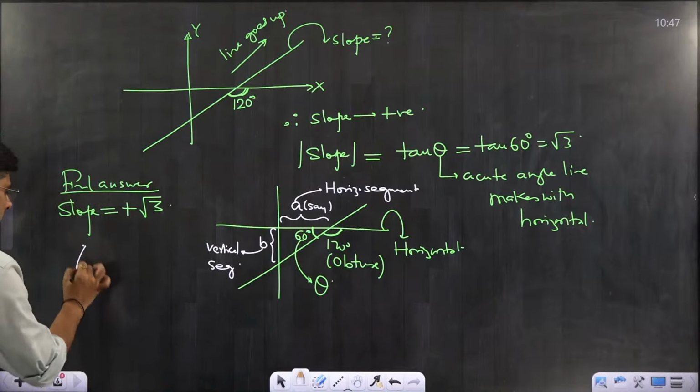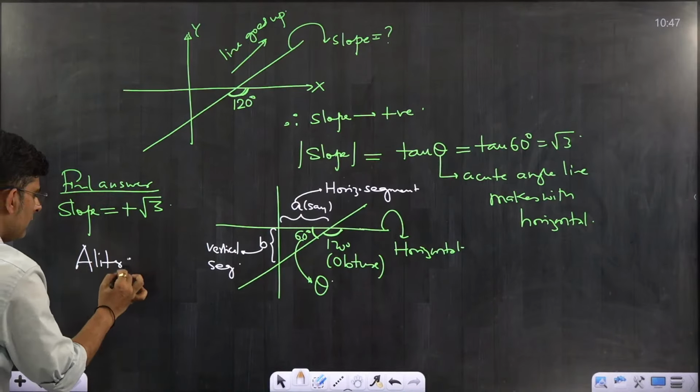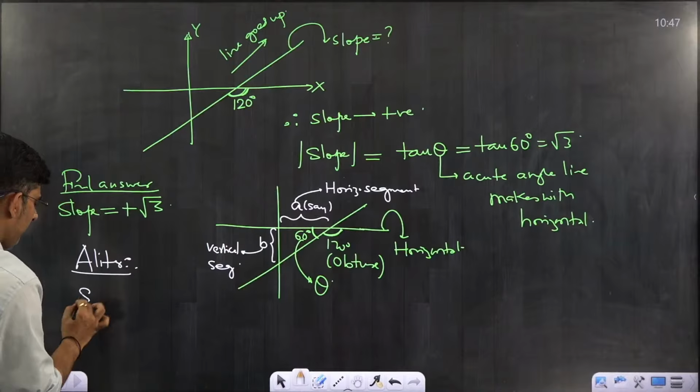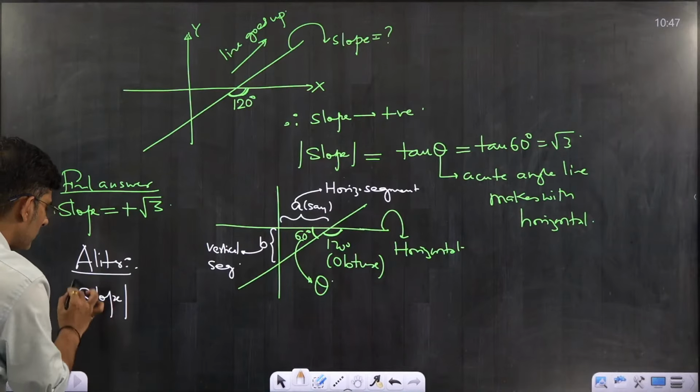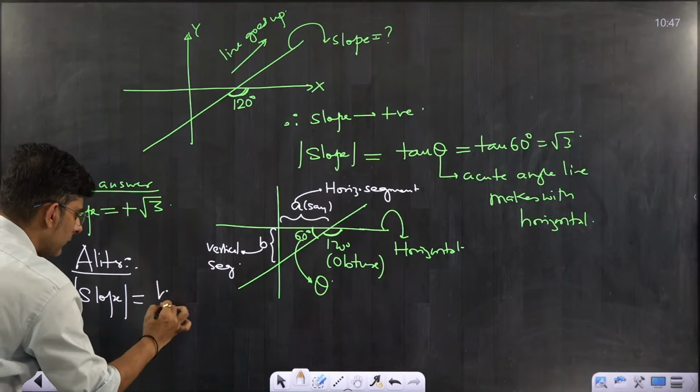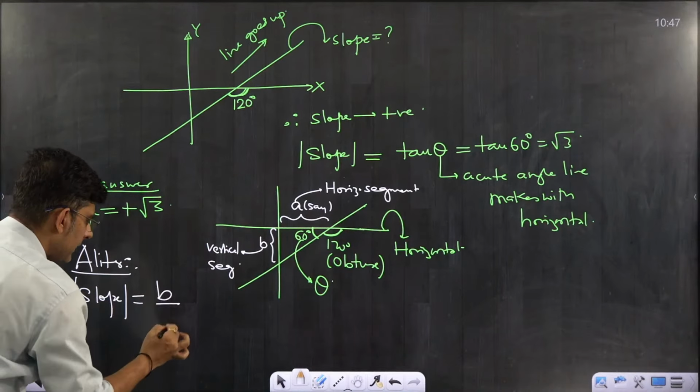So alternately I can say magnitude of slope, I told, is vertical by horizontal. Vertical is B, horizontal is A, just the magnitude. So I will say B by A.